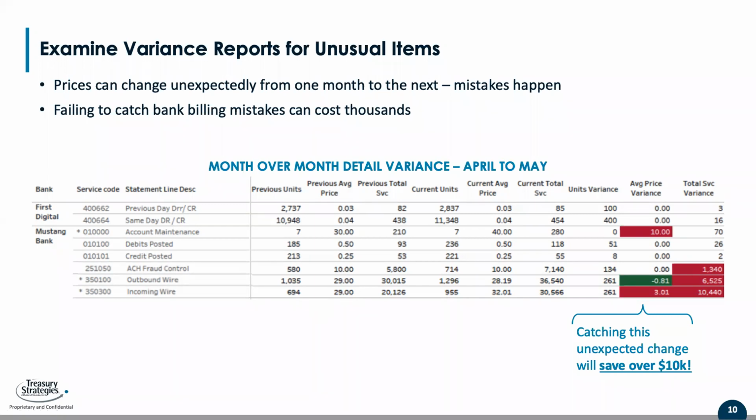It might have been that there was some pricing tier or something that had happened, but essentially I had about a $3 change in my per unit price, which cost me roughly over $10,000 for this particular period. So it's easy to see how what may on the surface look like minor changes can really grow and end up costing your organization thousands of dollars if they're not being regularly monitored and checked for variances between one month and the next.